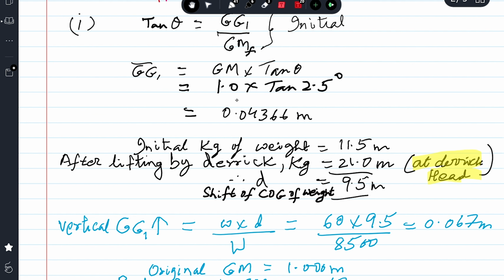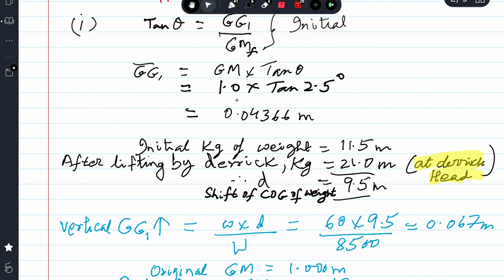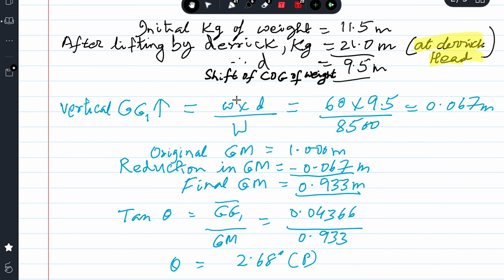So what will be the vertical shift in the ship's center of gravity? Now this GG1 is not transverse. I have put the arrow vertically upward. So this is the ship's KG shifting vertically upward from G to G1.